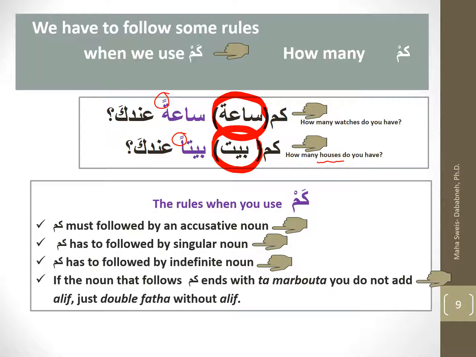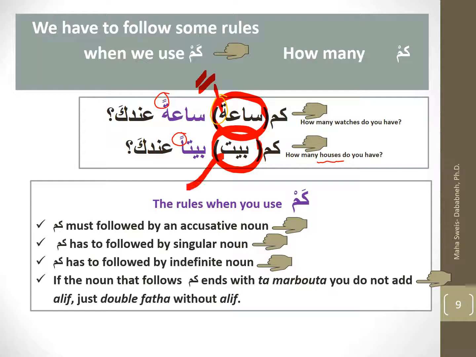Also one more thing, the noun that follows كم ends with ta marbuta, you do not add alif, which we talked about so many times in my previous videos. So for example, here we have ta marbuta. That means you just add two fathas.